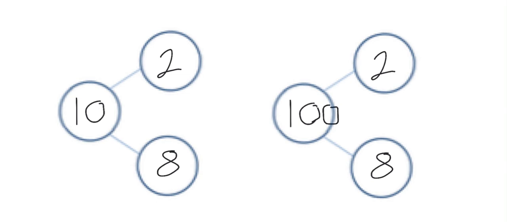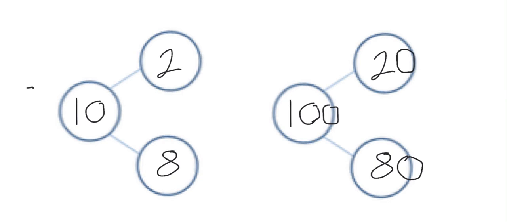So if we're going to make it 100, then one part is going to be not 2, but 20. And the other part isn't going to be 8 because 20 add 8 would make 28, not 100. So what do we need to do to this number? That's right. We need to turn it into 80. So 20 add 80 make 100.